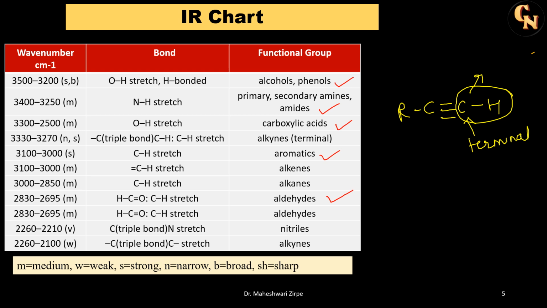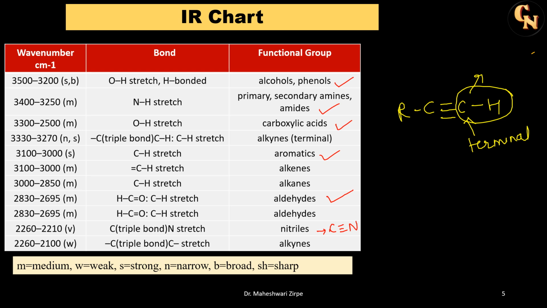Similarly, for nitriles, that is cyanide, CN stretching. Nitrile indicates C triple bond N stretching. It is between 2260 till 2210. Similarly, 2260 to 2100, W is weak, which indicates the CC triple bond of alkynes.